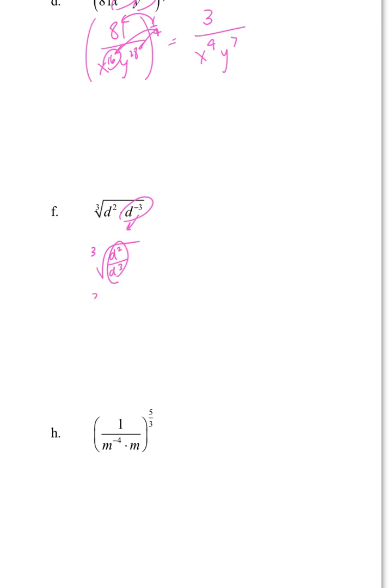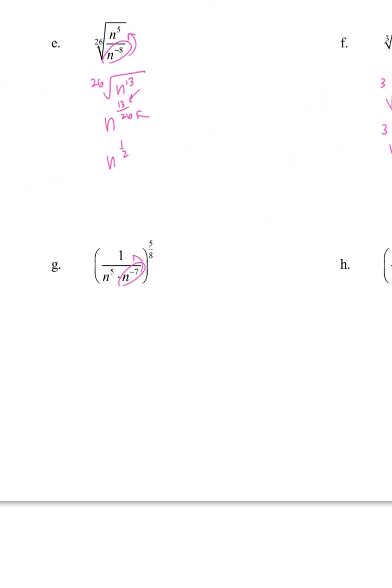This simplifies to be 1 over d, which then ends up being 1 over d to the 1/3. Top is 1, the bottom is d to the 1/3.